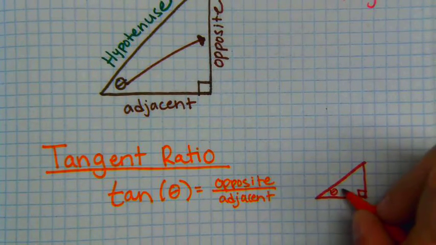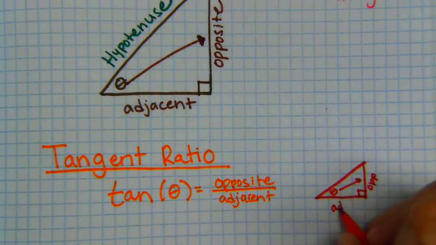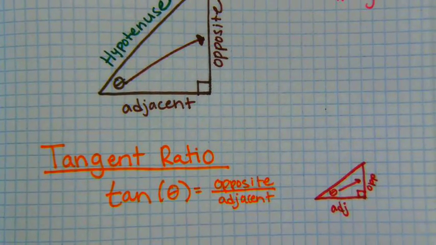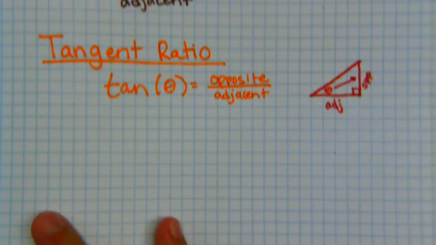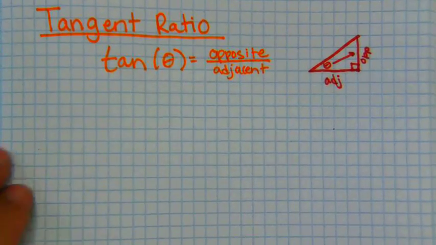If this is our theta, we have the opposite over adjacent. So that's the tangent ratio.